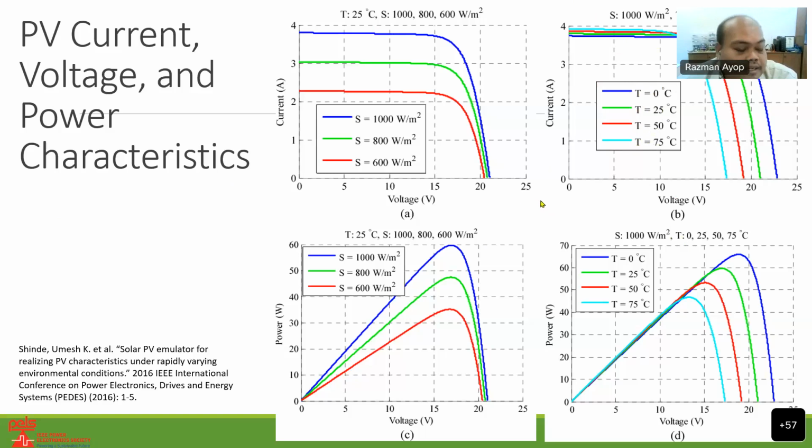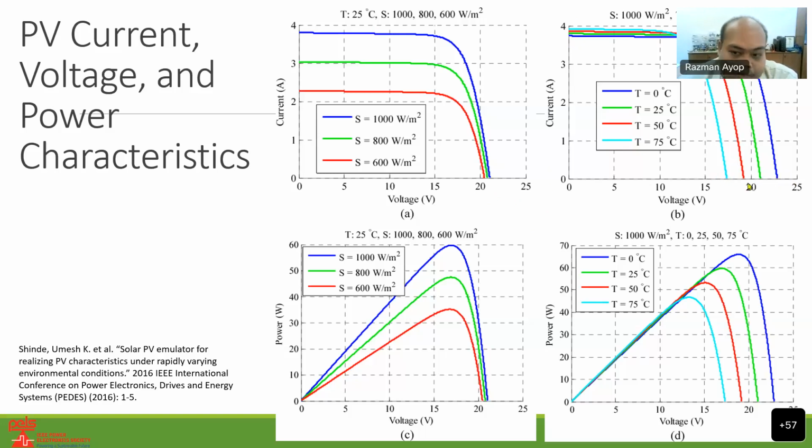For example, if the temperature outside is 20 degrees Celsius, it's actually much hotter for the PV, maybe around 45 degrees Celsius. The current only slightly changes, but the voltage has a large change. When the temperature increases, the voltage decreases.